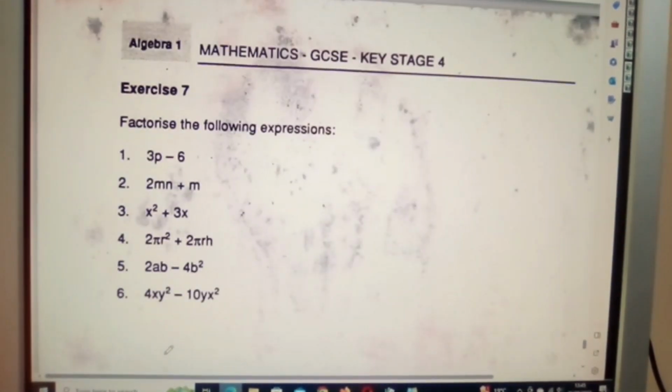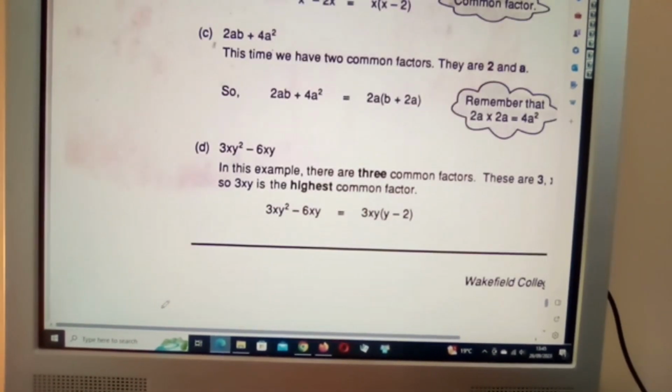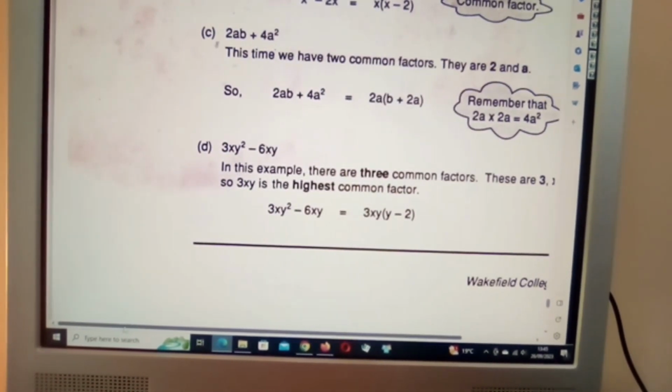I'm just going to work my way back up to make sure that I've got everything in frame. Bear with me, please.